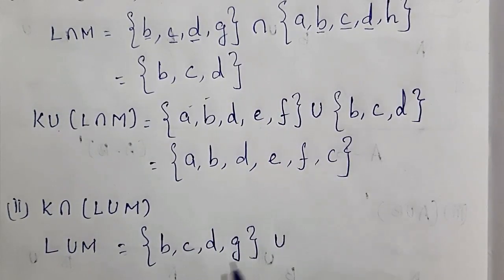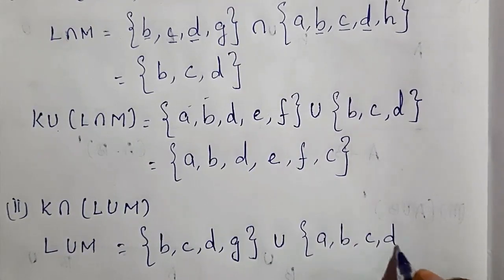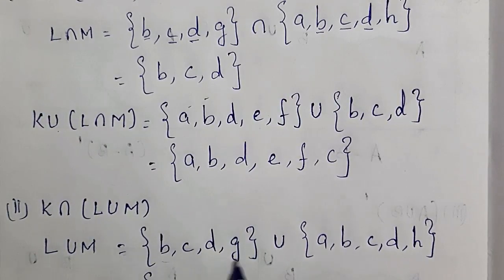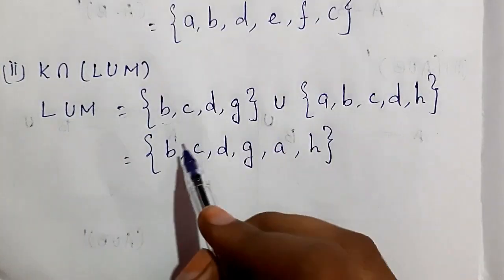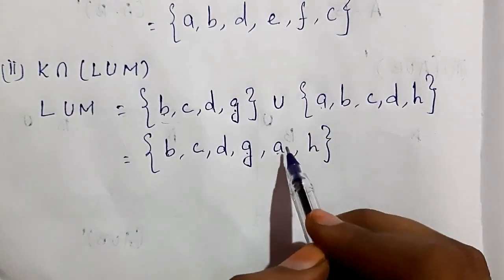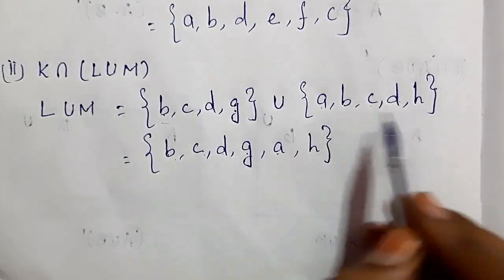Then union the M set: a, b, c, d, h. Then the union of both sets. Collect all the elements and write. First I will write this set's elements b, c, d, g. Then a, b already written, c already written, d already written, then h.